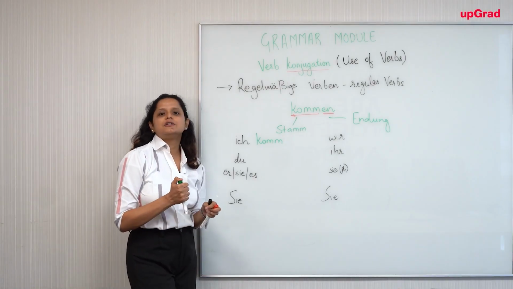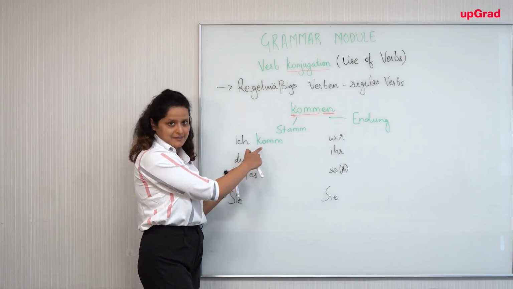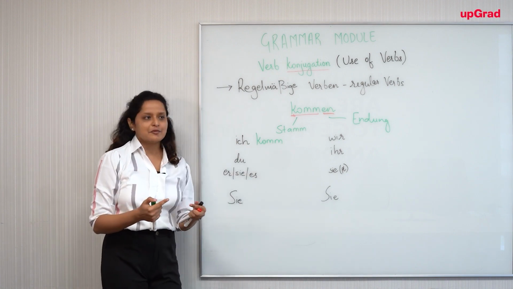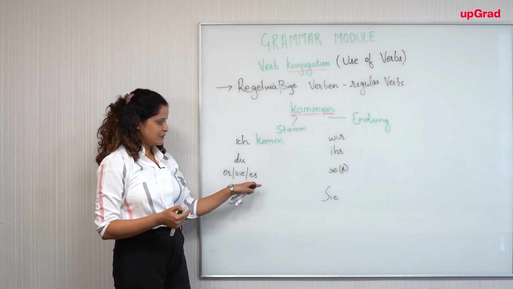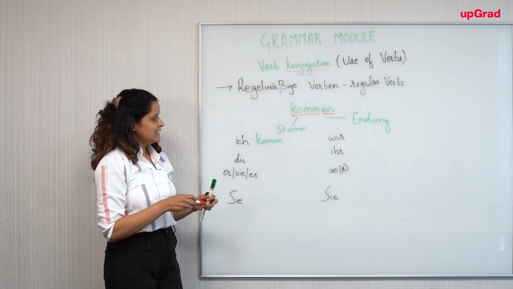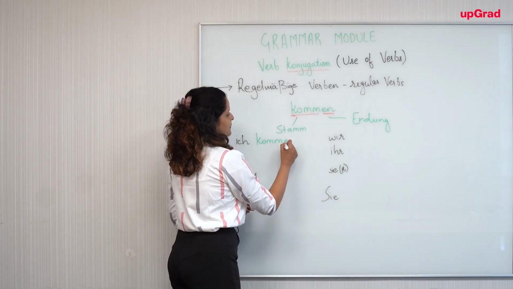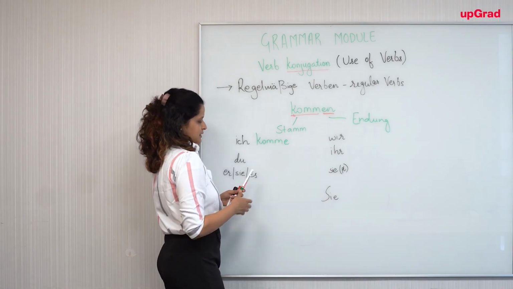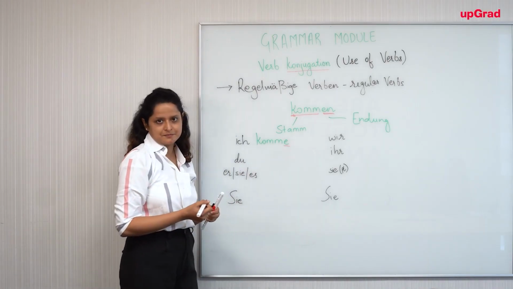So whenever you are conjugating regular verbs, the stem remains the same. What changes, however, is this ending. For every pronoun, there is going to be a specific ending. So for ich, your conjugation becomes "komme". That is, with ich, the ending is e.